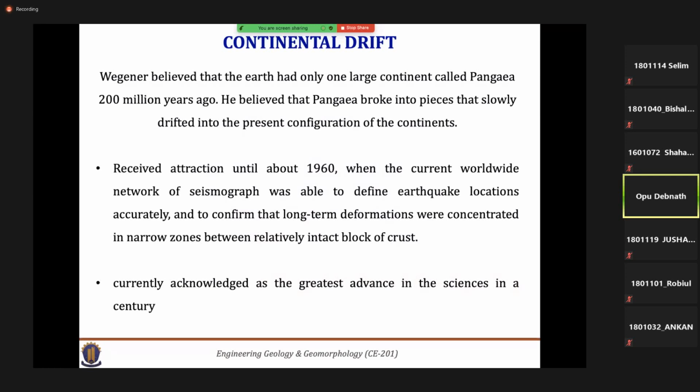The pieces slowly drifted relative to one another, and then came to the present configuration of our continental map.